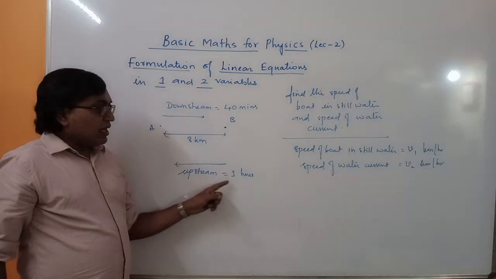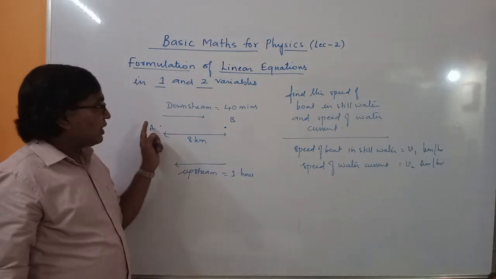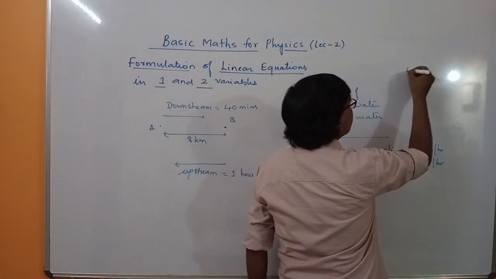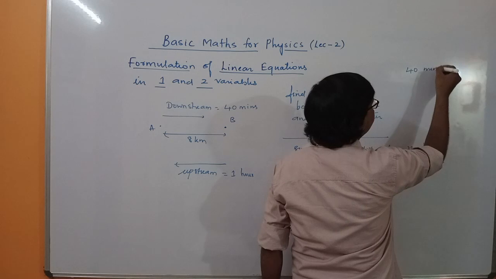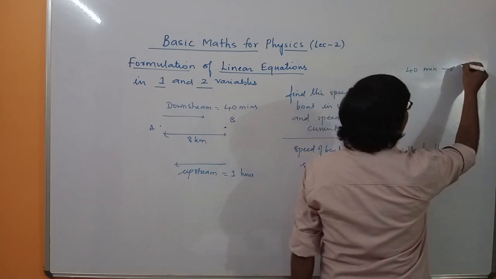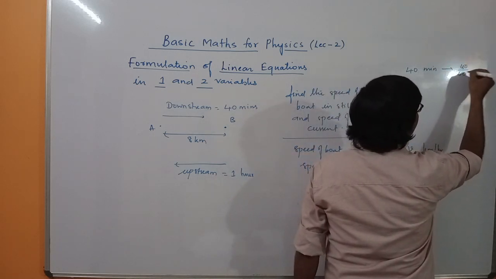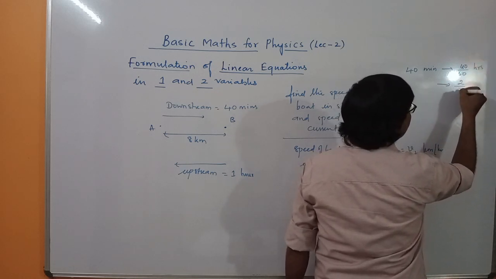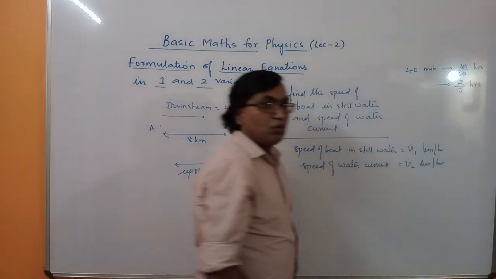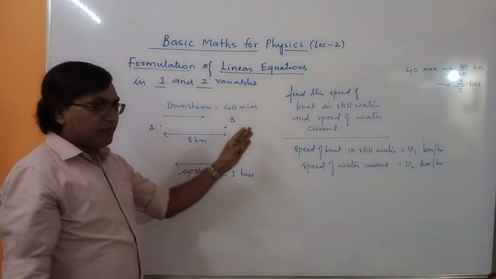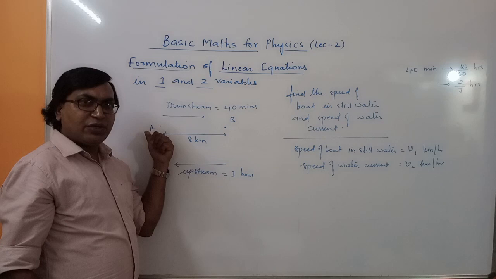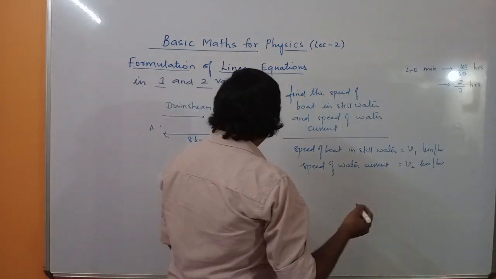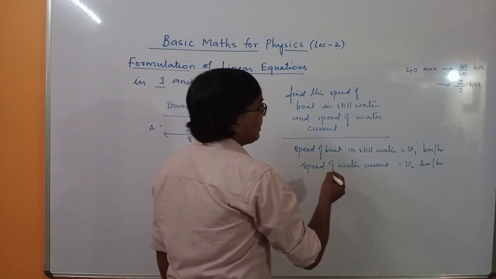Now going upstream, time taken is 1 hour. Downstream it is 40 minutes. So let us convert this 40 minutes into hours. So 40 by 60 hours, that is 2 by 3 hours. Distance traveled from A to B is the same as distance traveled from B to A. Different speed, different time. So let us write the equation here.